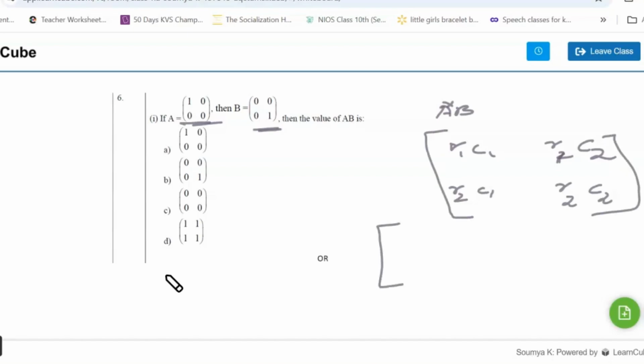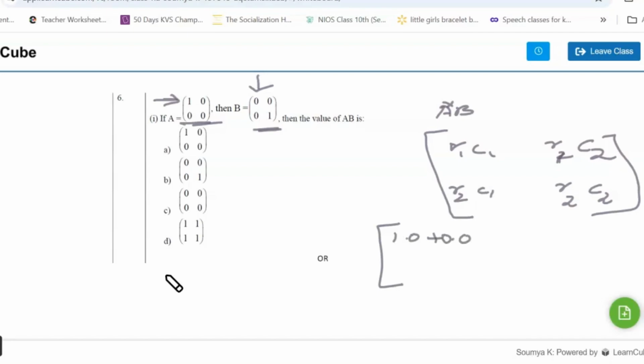After executing, let's see, this is the row that we have to take care of. 1 0, so 1 0, this and this one. So first let's see the element. First element should get multiplied with the first element. 1 into 0, that will give you 0 plus 0 into 0.